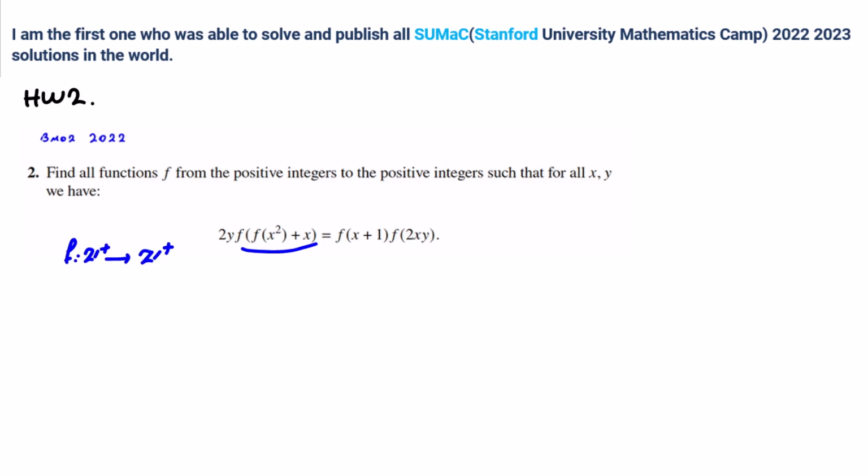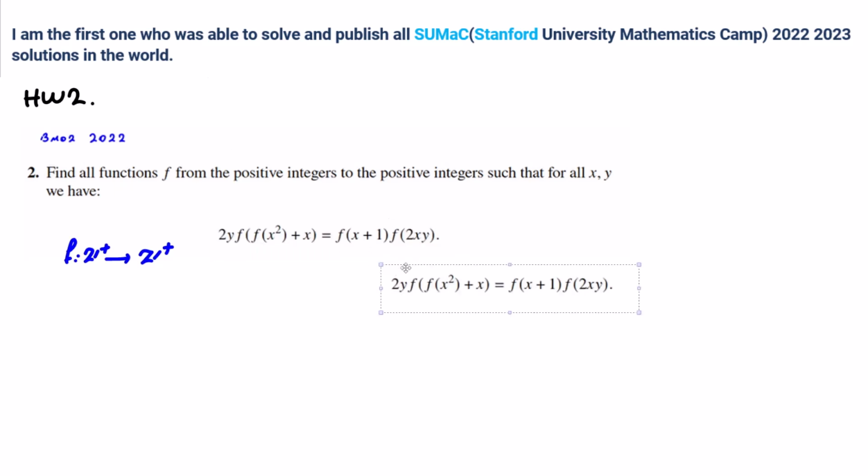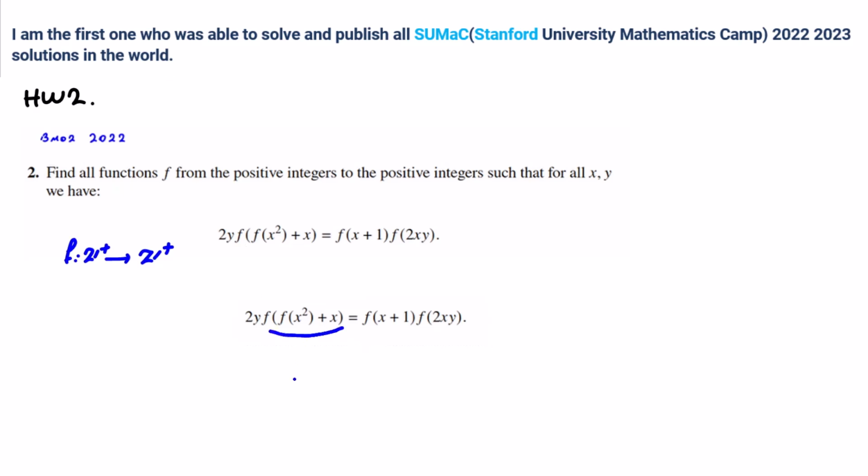So I can write something like, if I set x equal to 1, I get f of 2y equals 2f... no, not like that. Let me. This complicated term is only related to x, right?